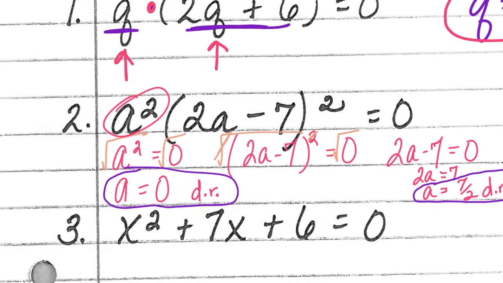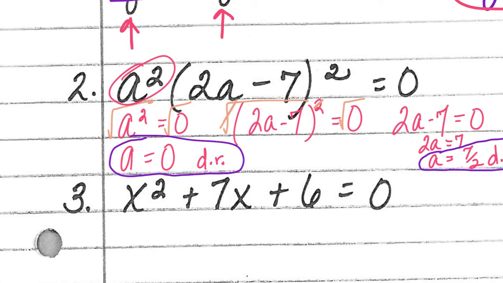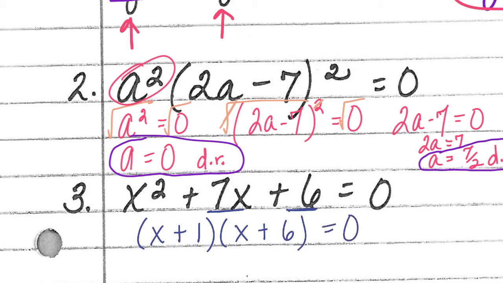So like I said, they don't always have it factored for us. So in this case, we have to know how to factor, which we do. What are the factors of 6 that add up to be 7? That would be 6 times 1.